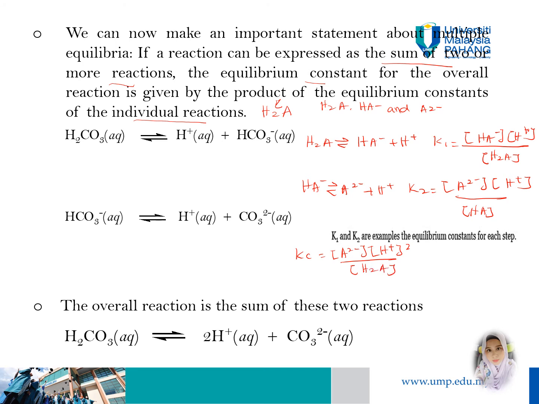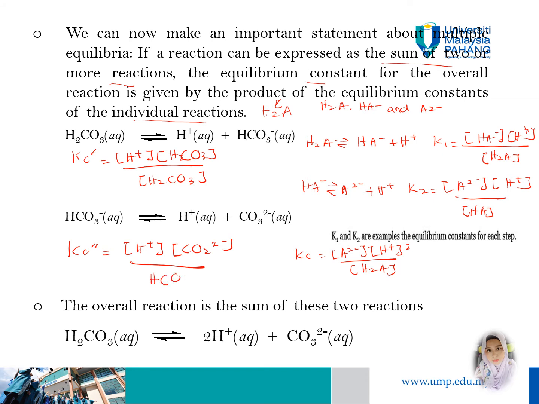For example, the dissociation of carbonic acid, H2CO3 producing H plus and HCO3 minus. So Kc prime is equal to the concentration of products over reactants. Sorry. And then this one, Kc double prime, is equal to the concentration for HCO3 minus dissociation.